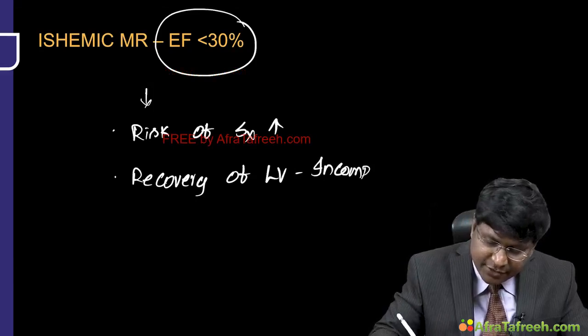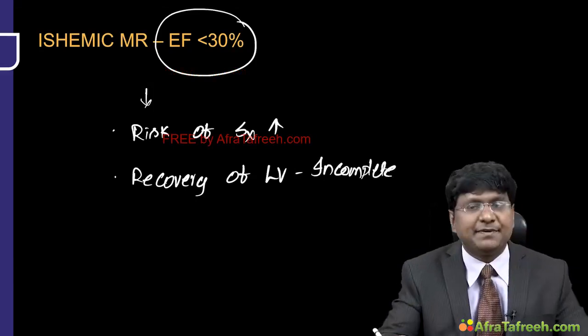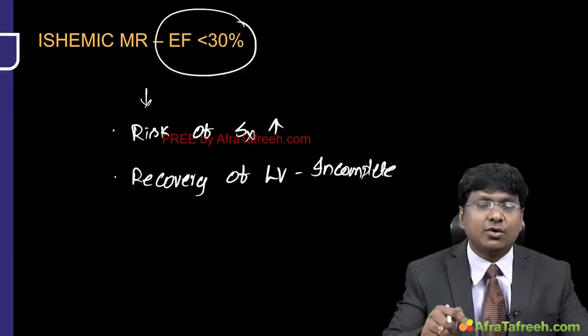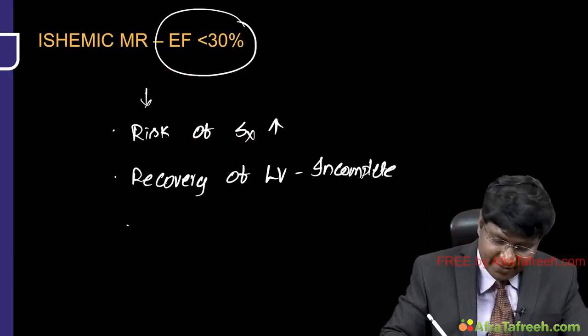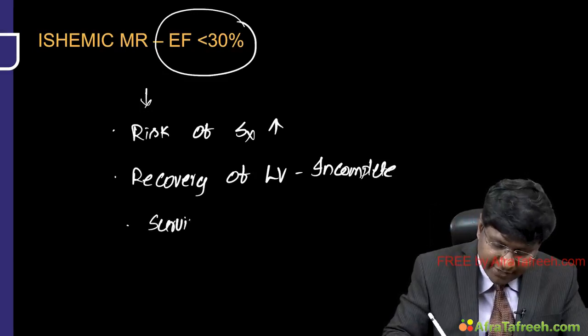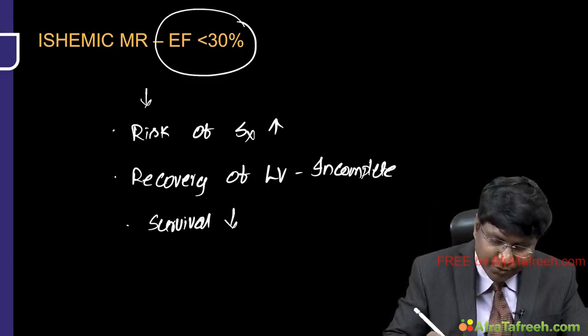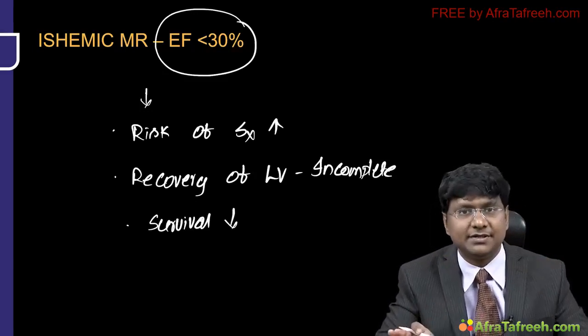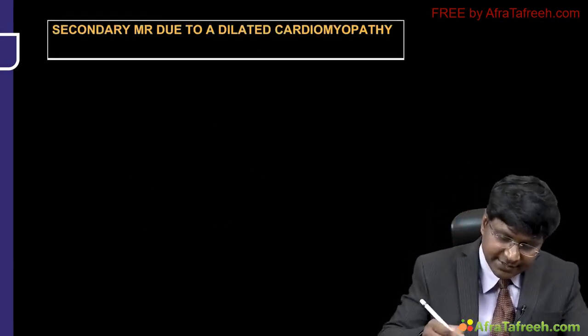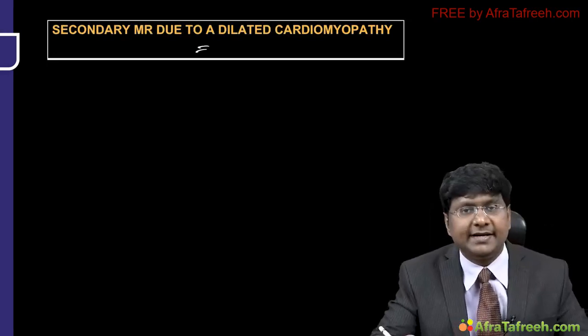The ejection fraction will not return to 60% if the ischemic MR has reduced it to 30%. Even the long-term survival of the individual is reduced in ischemic MR with ejection fraction less than 30%.